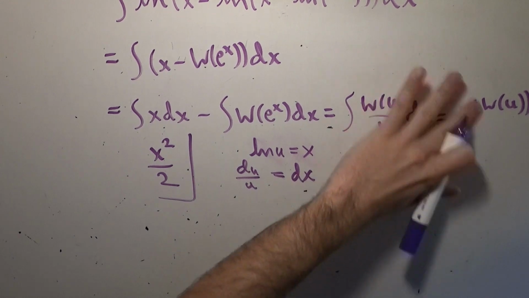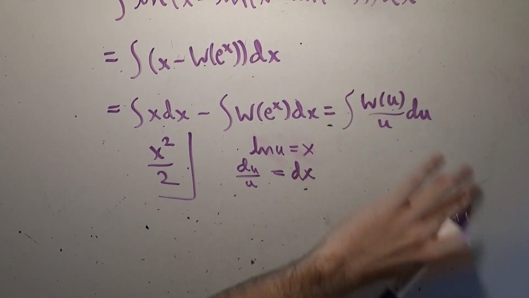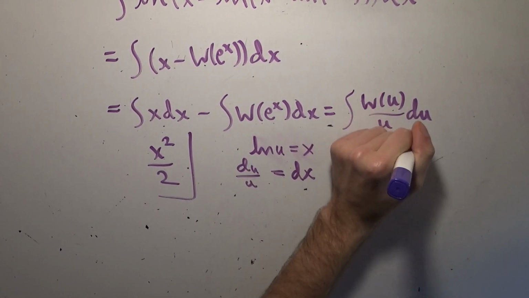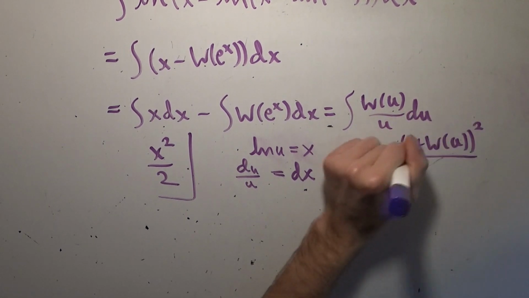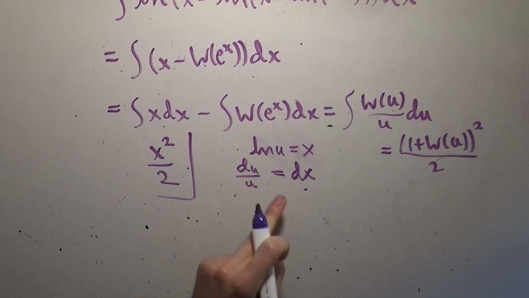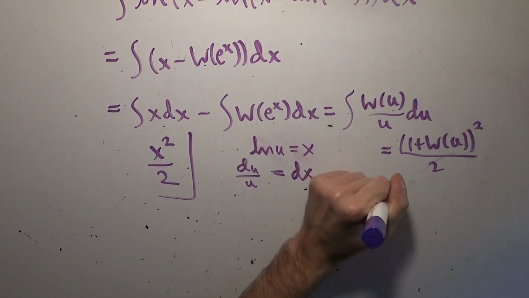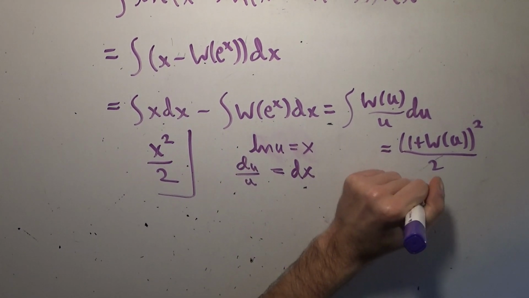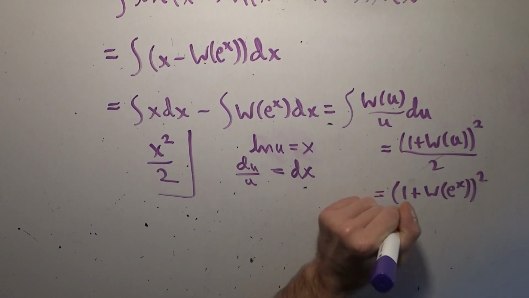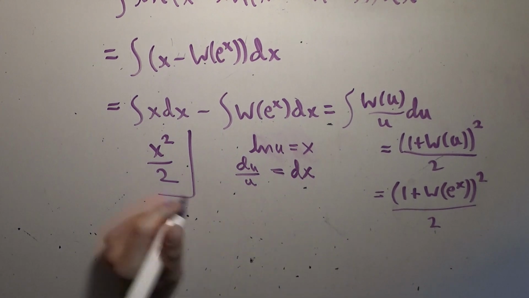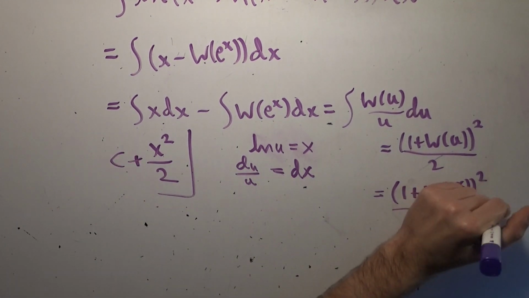Oh, you can't see that, sorry. Sometimes I forget to look up at the camera. This is 1 plus W of u all squared over 2, and u is e to the x, right? So this is going to be 1 plus W of e to the x all squared over 2, both plus a constant.